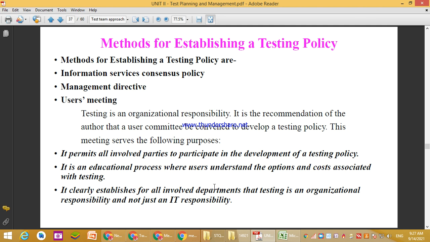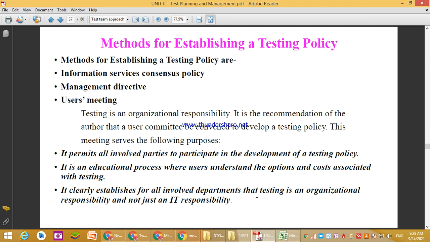It is the recommendation of the author that a user committee be convened to develop a testing policy. This meeting serves the following purposes. It permits all involved parties to participate in development of the testing policy. It is an educational process where users understand the options and costs associated with testing. It clearly establishes for all involved departments that testing is an organizational responsibility and not just an IT responsibility.